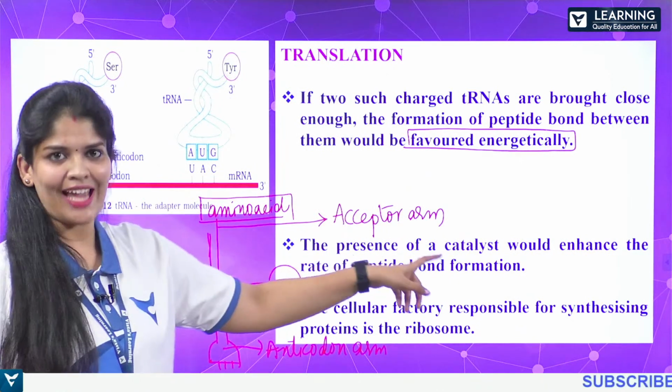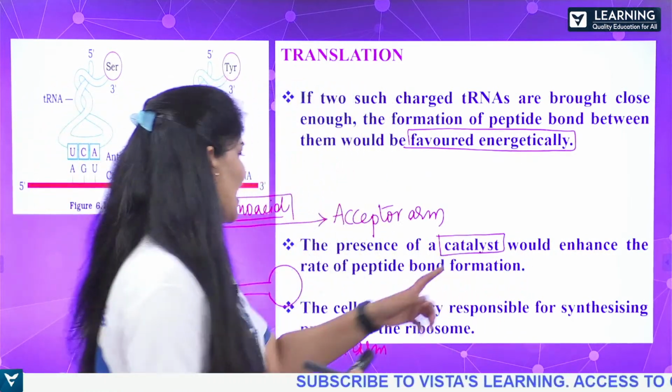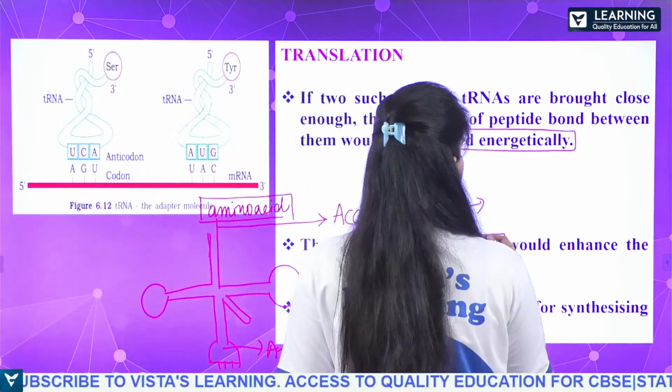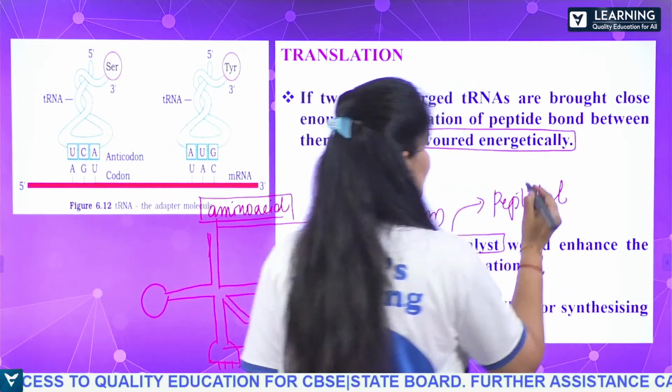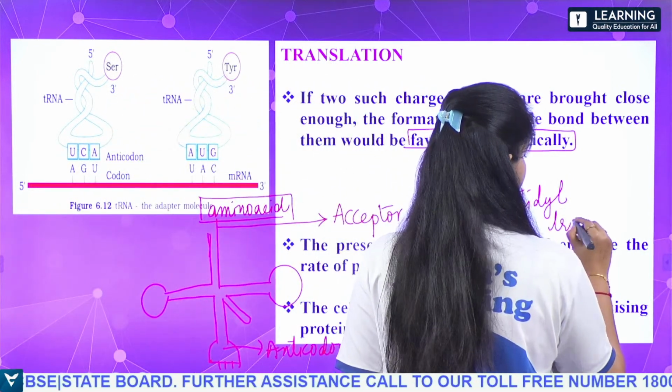Now, the presence of a catalyst would enhance the rate of peptide bond formation, and that catalyst or enzyme useful for peptide bond formation is peptidyl transferase.